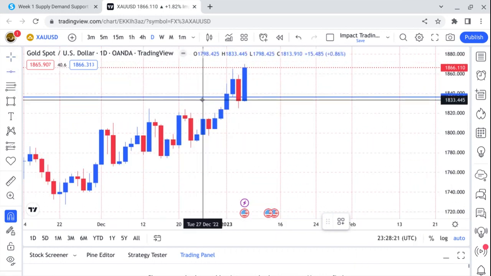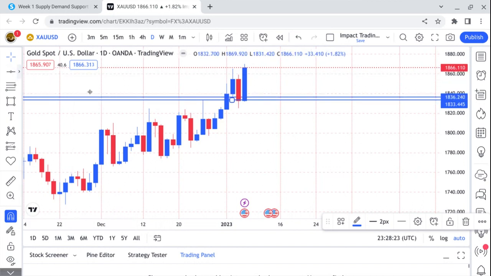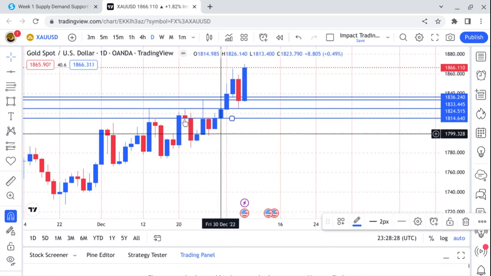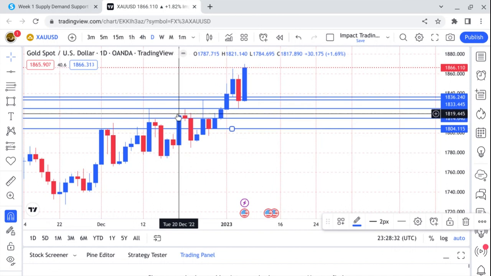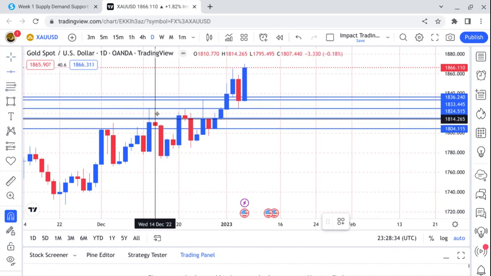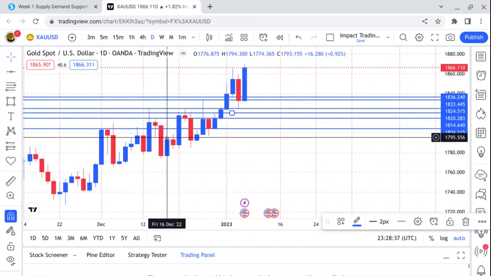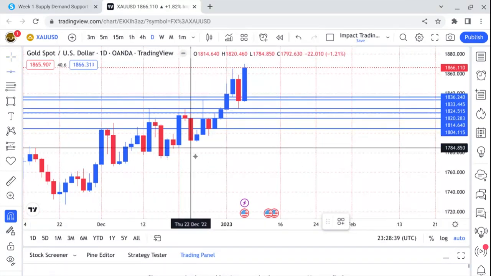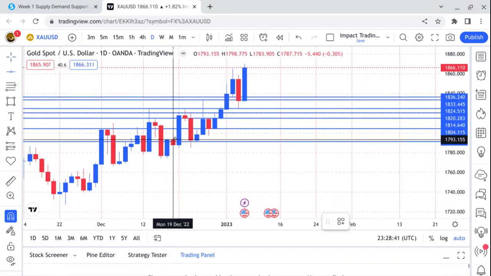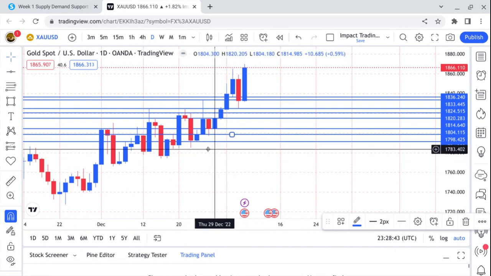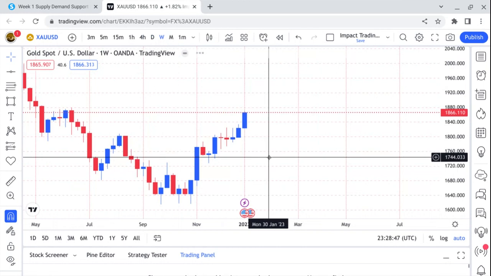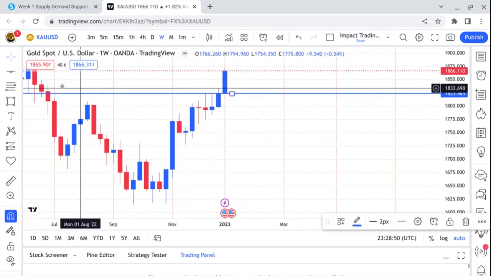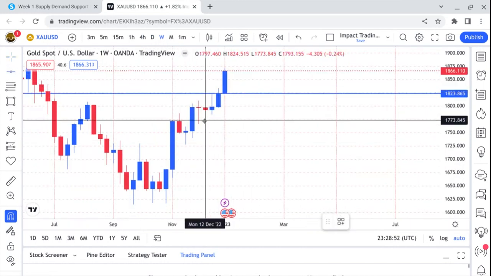They are out here where you get high profit, monthly highs, monthly lows, monthly highs, monthly lows, monthly highs, monthly lows. And then you find agreement with your weekly highs, your weekly lows, weekly highs, weekly lows.